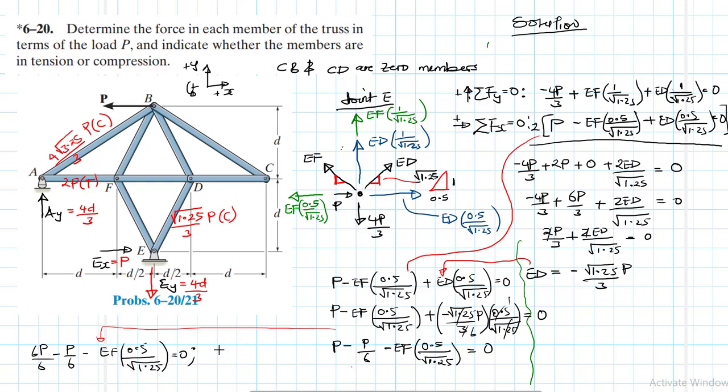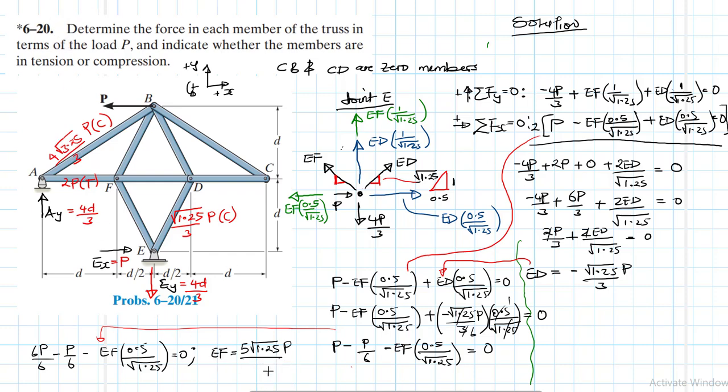And this therefore gives us EF is going to be equal to, we have a 5P there, so we have 5 root of 1.25 p divided by 6 times 0.5, which finally gives us divided by 3.